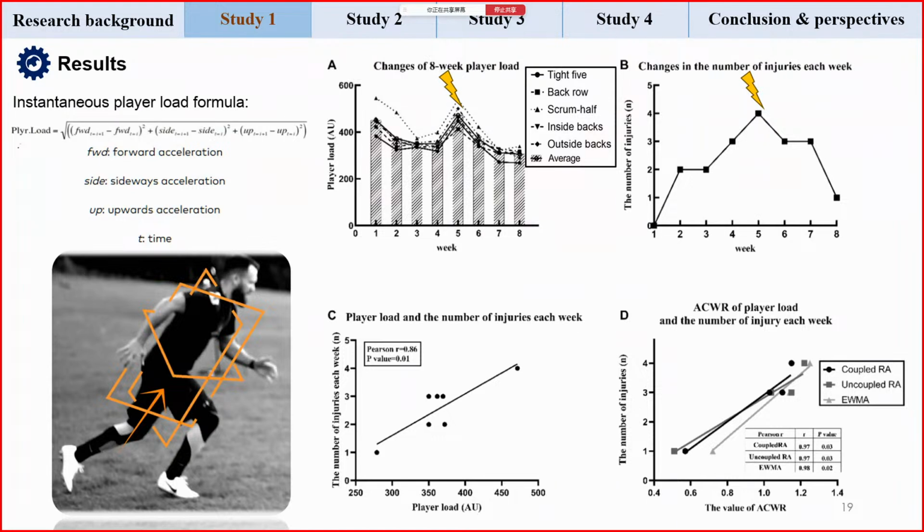When we analyzed the relationship between the player load and the number of injuries, we found a strong correlation. And we also examined the relationship between the 3 ACWR models and the number of injuries. We found similarly high correlation. However, due to the small sample size, these results were removed in the published article.